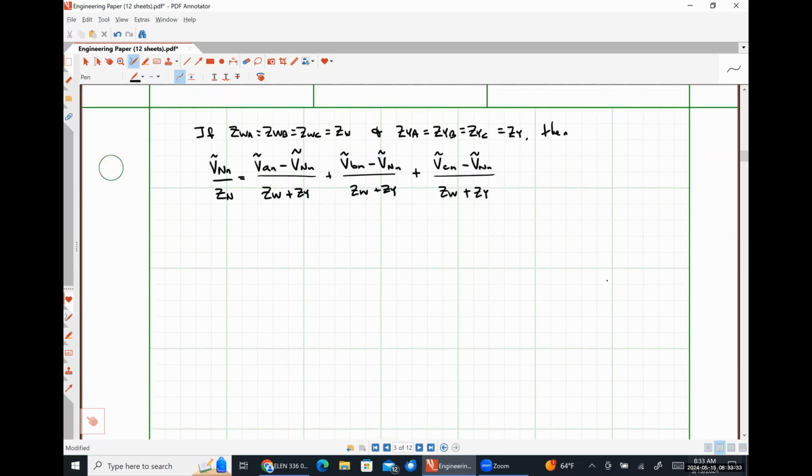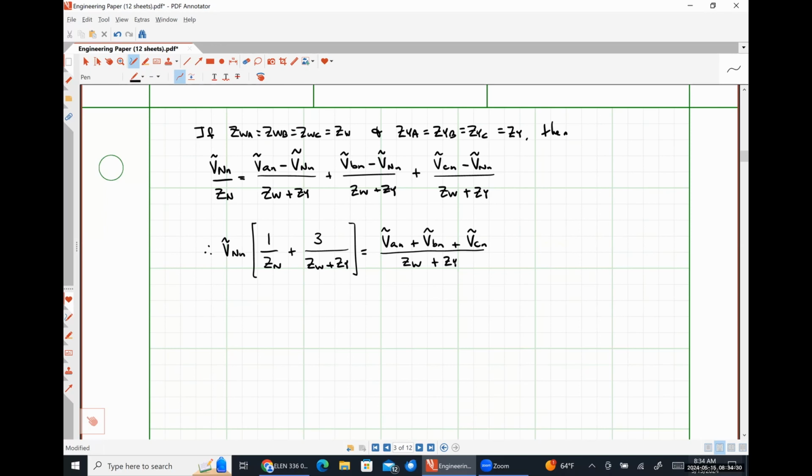So that's going to look like VNN times 1 over ZN plus 3 over ZW plus ZY is equal to VAN plus VBN plus VCN over ZW plus ZY. Are we all okay up to this point? Okay.